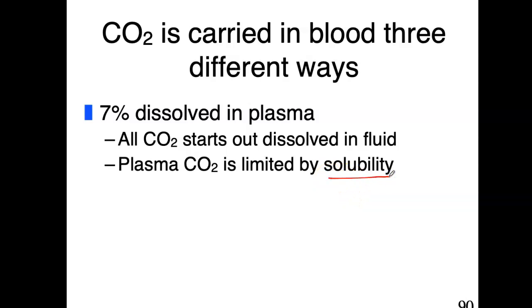We talked about solubility of CO2. It's higher than that of oxygen, but it's still limited. So 7% of what is transported is going to be dissolved in the plasma, and that's way above what it was for oxygen, which is only 2. Okay, so 7% we can dissolve, and beyond that, it won't dissolve anymore.